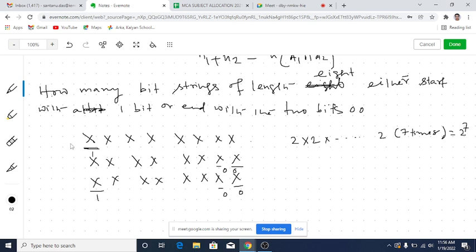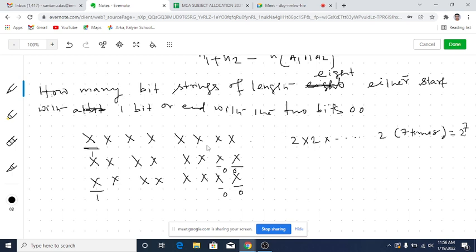In the second place there are two possibilities, in the third place two possibilities, in the fourth place two possibilities. Each is independent, but after filling the second place we can fill the third place, and after filling the second and third places we can fill the fourth, and so on. So all are connected together, and here we can use the multiplication rule.